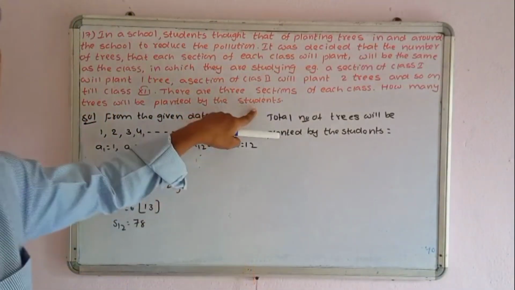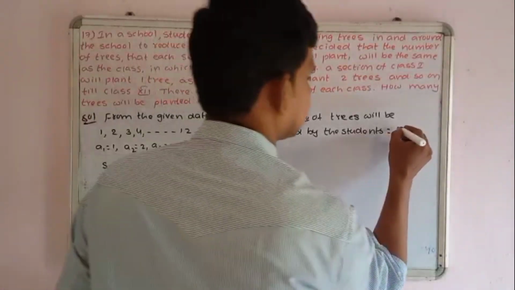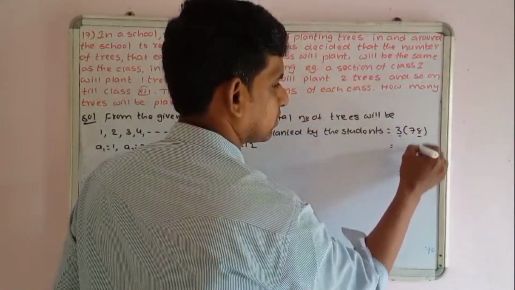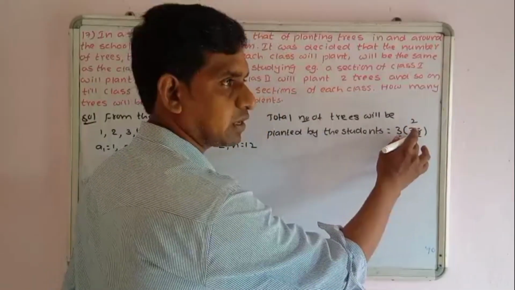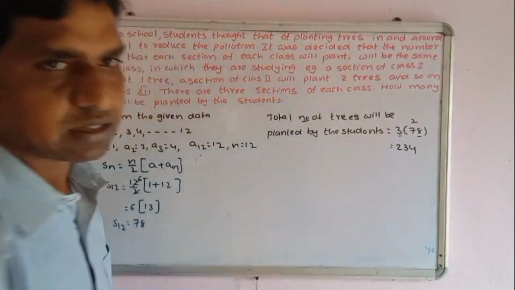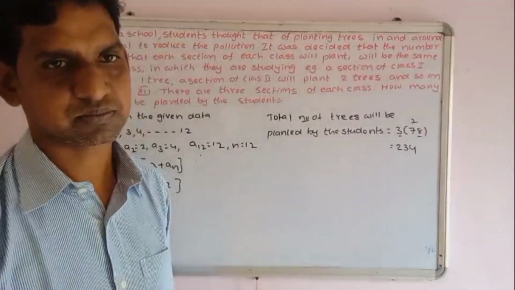Here how many sections are there? 3 sections, so 3 times 78, 3 8s are 24, 3 7s are 21, 21 plus 2 is 23, so total 234 plants.